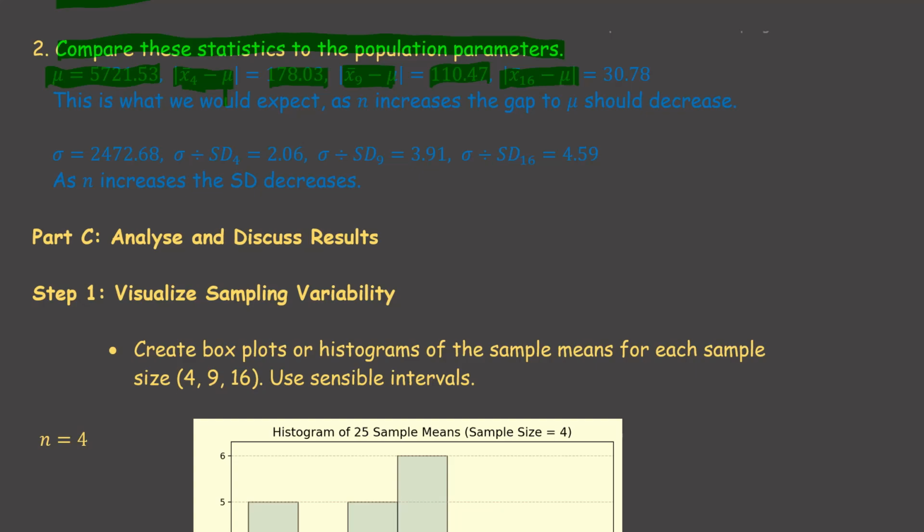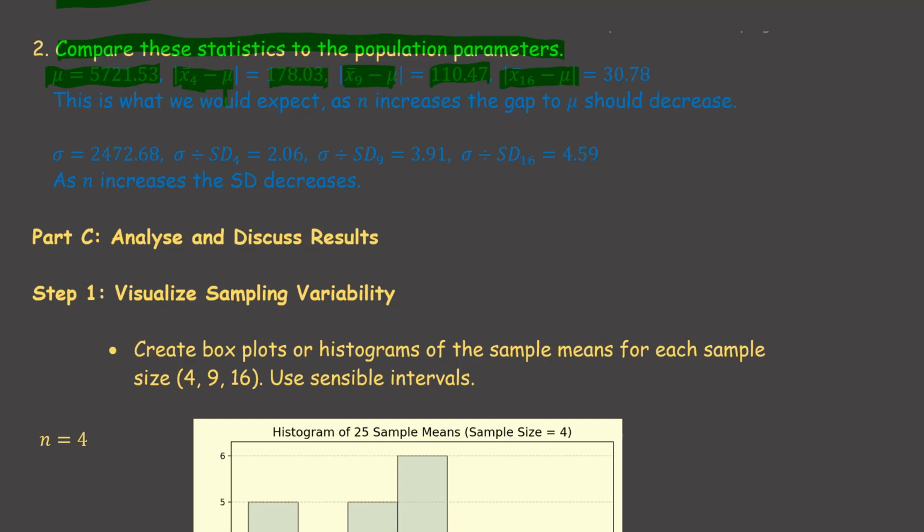So that actually works really well there, but there's no guarantee it will because of variability of samples. But we would expect to see this, that the larger sample would be closer to the mean than the size 9 and the size 4. It's just any individual one you take, it might not work that way. So this is what we would expect. As n increases, the gap to mu should decrease.